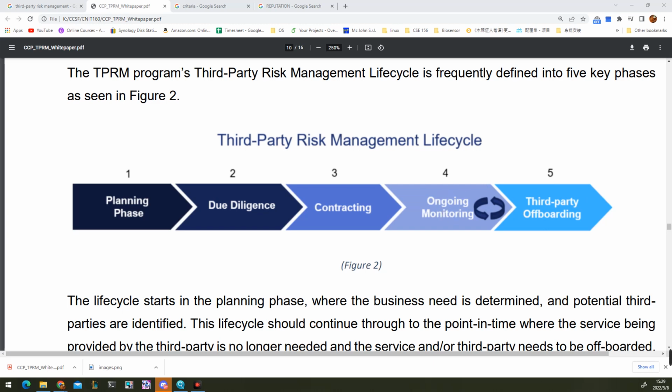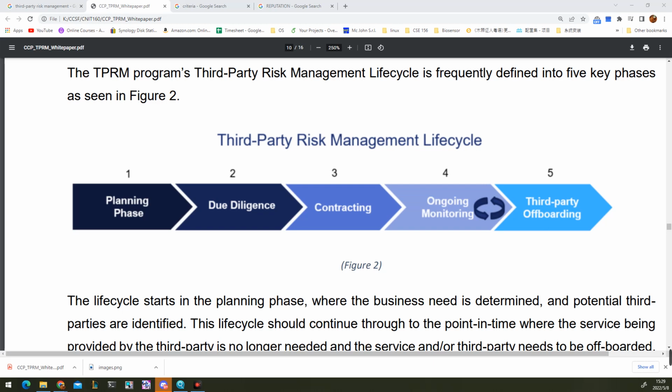Then the fourth is ongoing monitoring. The ongoing risk and performance monitoring phase means each company should maintain a third-party master list. The inventory of third parties should identify those third parties that are tied to critical business activity and introduce more risk.